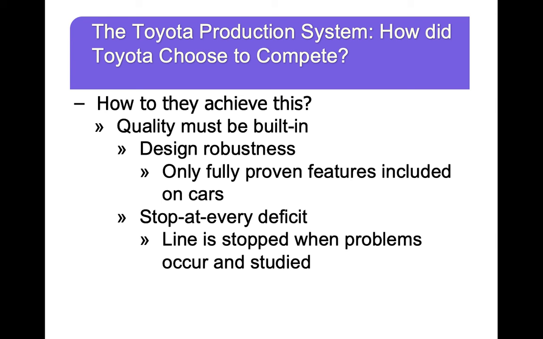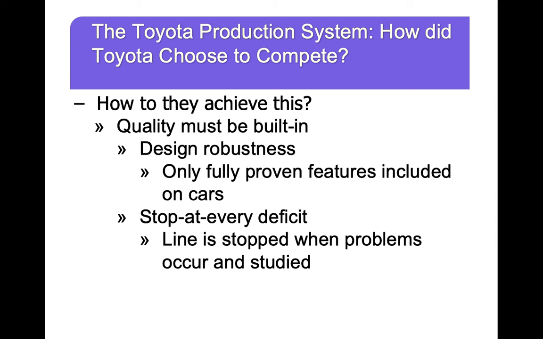So you know how you'll see cars released and they have all these new trendy little gadgets and features, but at that time, whatever those trendy newer features were, they only put tested, proven features on their car. So many Toyotas don't have a whole lot of bells and whistles, or at least at that time they didn't.